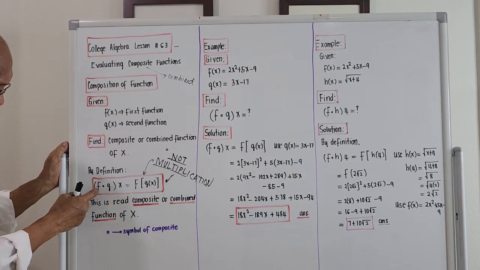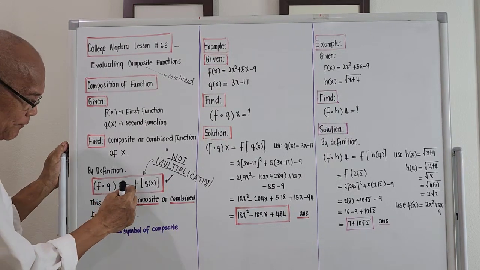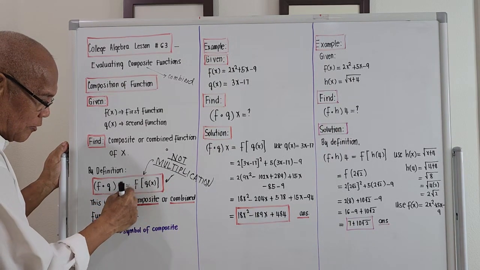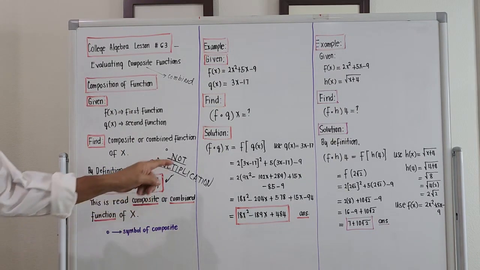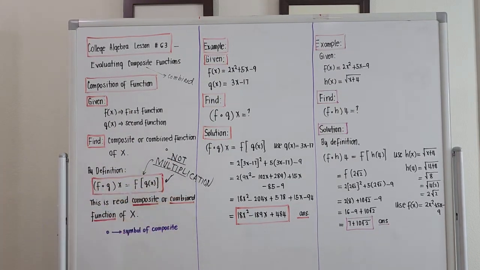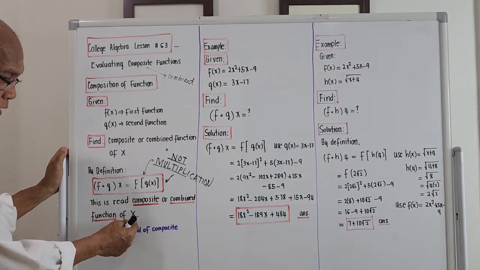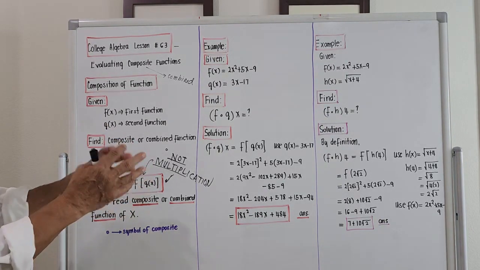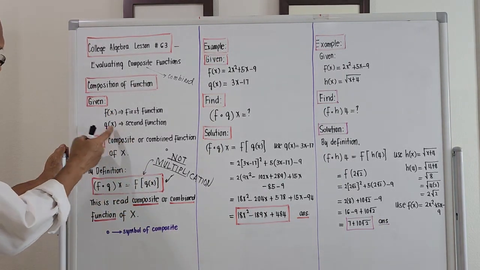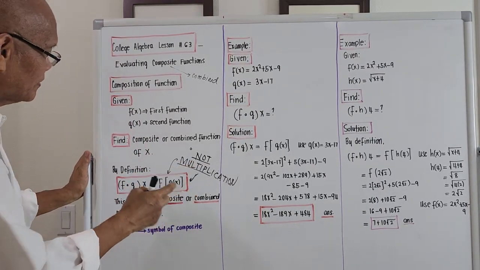That is, if we try to combine function of x and g of x, it should be function f, okay, open bracket, g of x, close bracket. Okay, it's not multiplication. And this is read composite or combined function of x. Okay, because the two given functions are actually given as a function of x. For both the first function and the second function, am I still on camera?